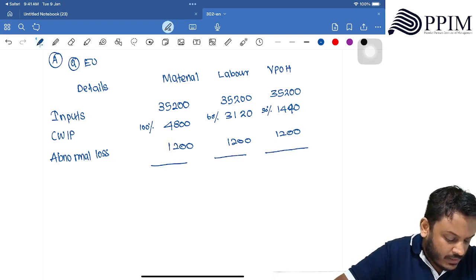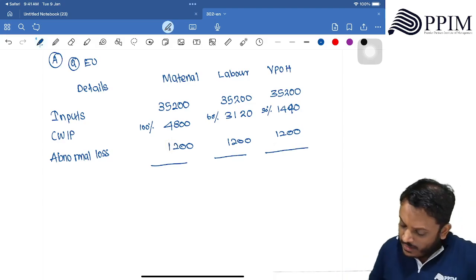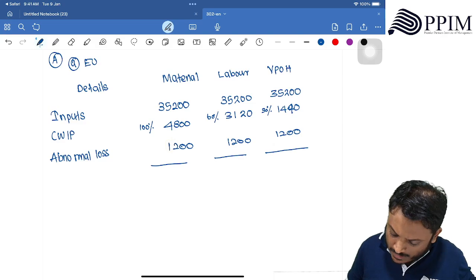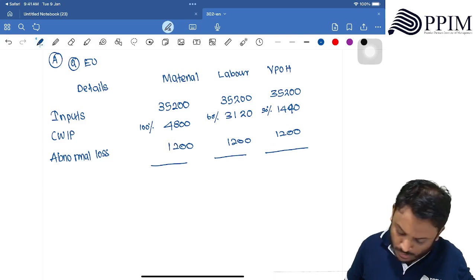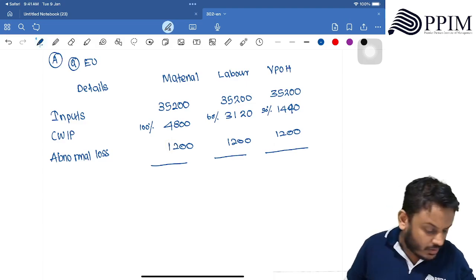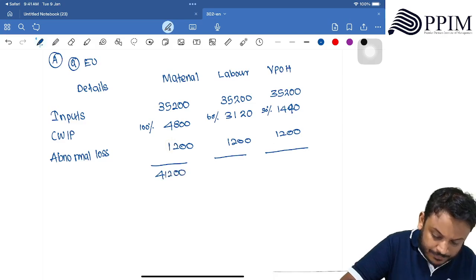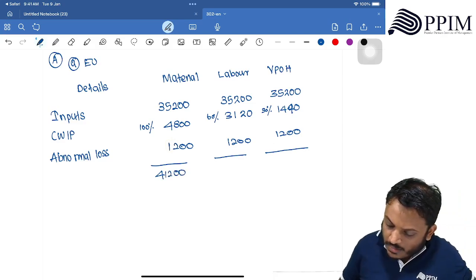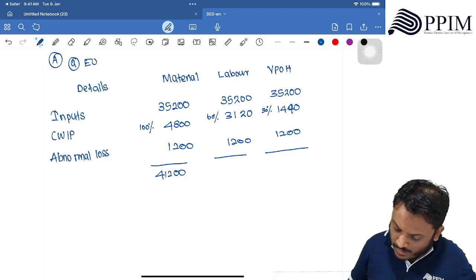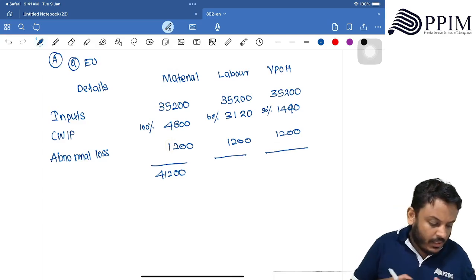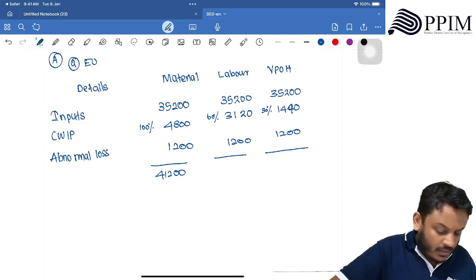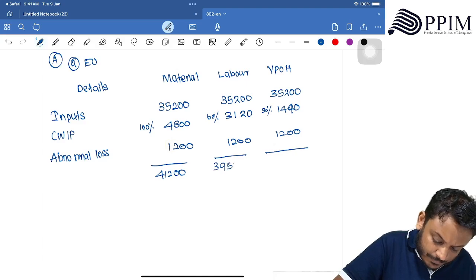Equivalent unit equals 35,200 plus 4,800 plus 1,200, which is 41,200. Next, 35,200 plus 3,120 plus 1,200, which is 39,520.